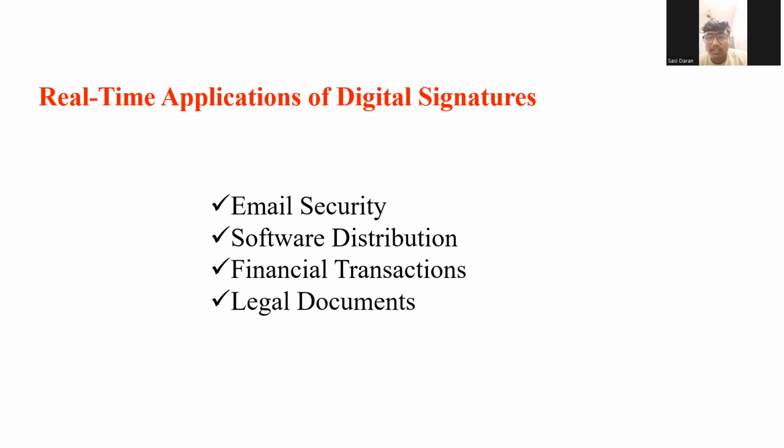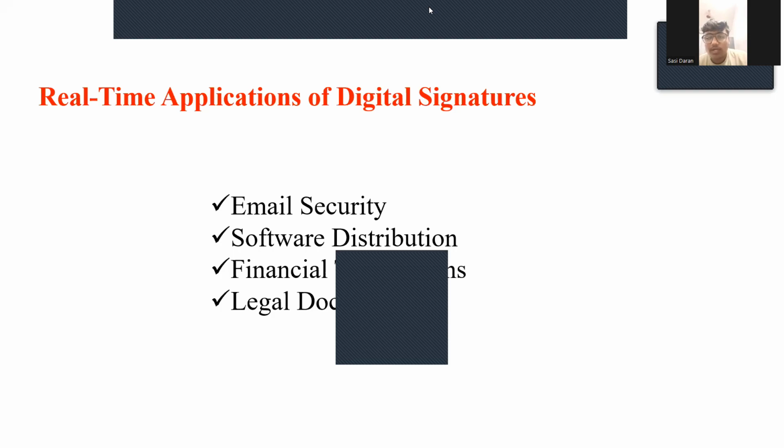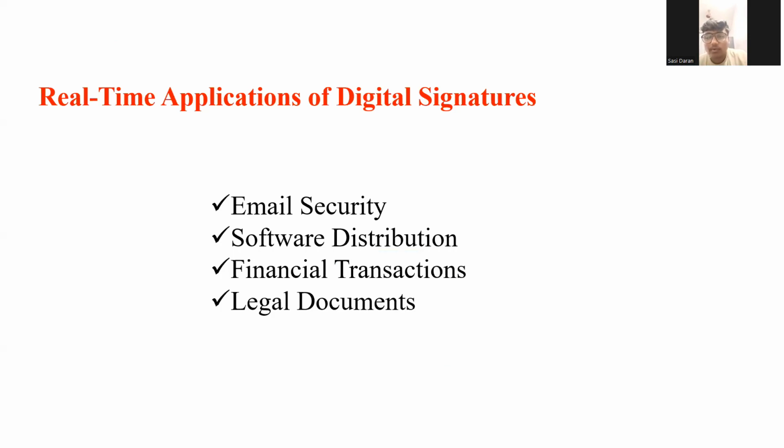Example: ensure software has not been tampered with. Financial transactions. Example: protecting against fraudulent transactions. Legal documents. Description: providing legal validity to contracts and agreements. Example: digital signatures on legal documents like contracts, wills, and deeds.